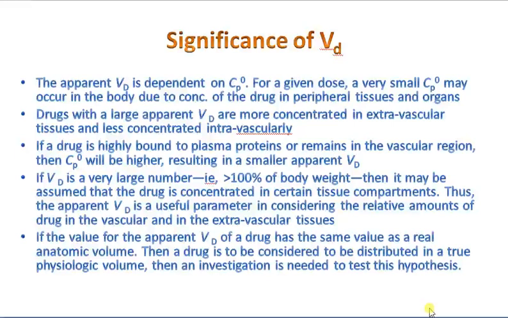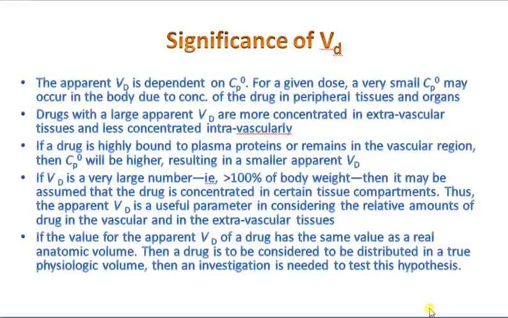The significance of volume of distribution. The apparent volume of distribution is dependent on initial plasma concentration for a given dose. A very small initial plasma concentration may occur in the body due to concentration of drug in peripheral tissues and organs.